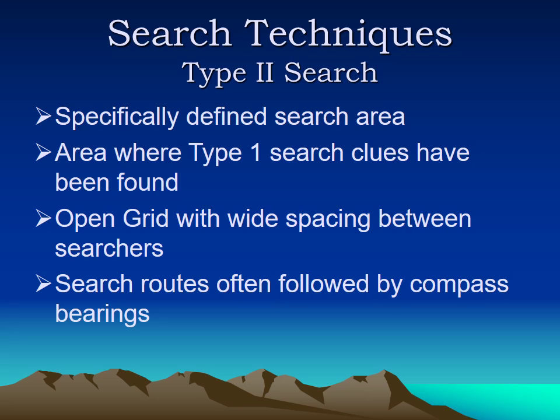This type of search is somewhat fast, and the search team is searching in a more open grid, meaning they are spaced so each searcher is still able to visually cover the area between them and the next searcher with a reasonable degree of assurance that if the subject were there, they would see them. Search routes for Type 2 teams may follow compass bearings to keep the team on a defined path and keep all team members coordinated.